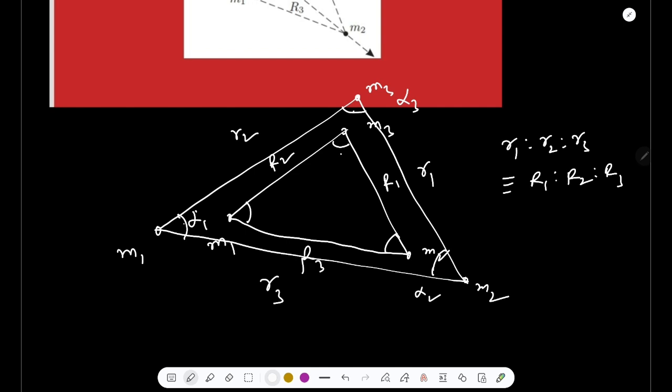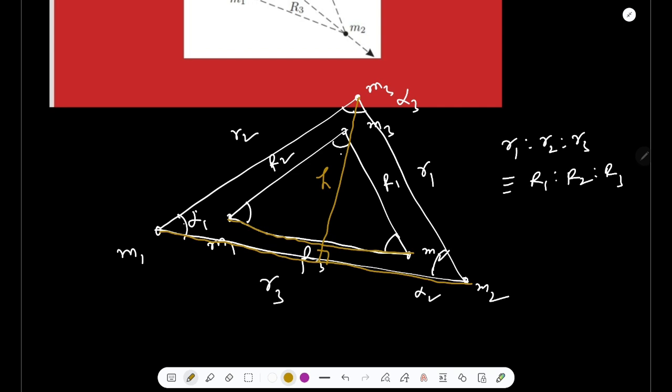And if we can draw a perpendicular from here to here, this side, let's call it H. It's a perpendicular. And these two sides, this side and this side, are parallel.